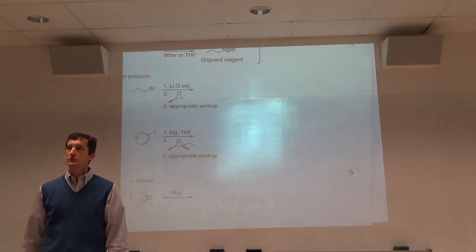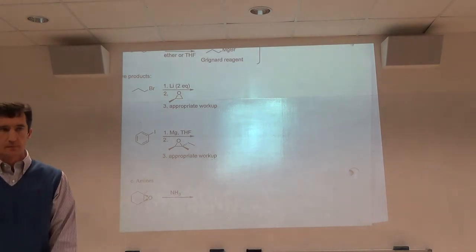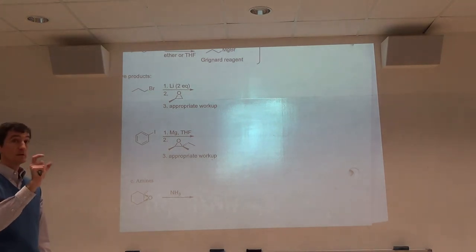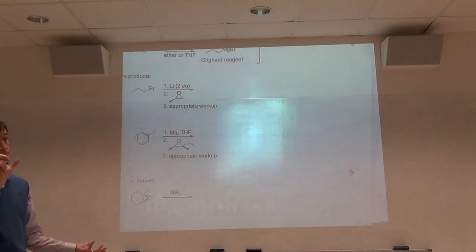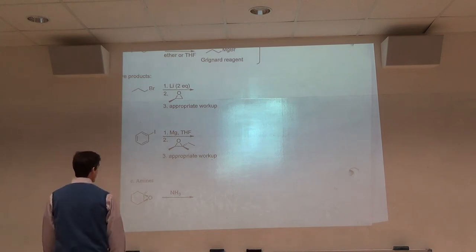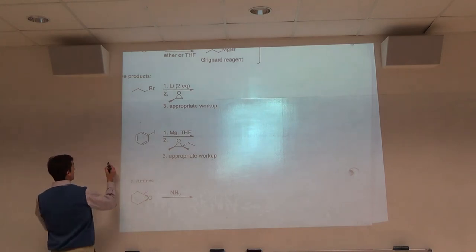What does magnesium do to an alkyl or aryl halide? Converts it to the Grignard reagent. Magnesium inserts between the R group and the halide. And the R group is essentially then a carbanion. So the first step is to give the Grignard.